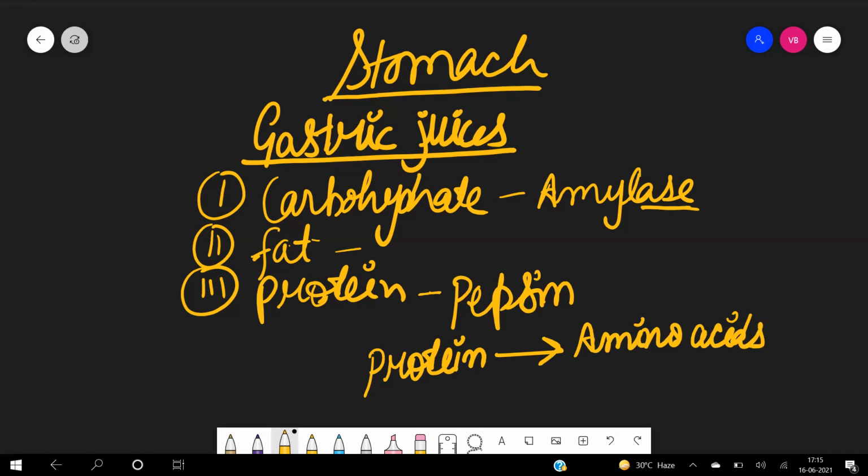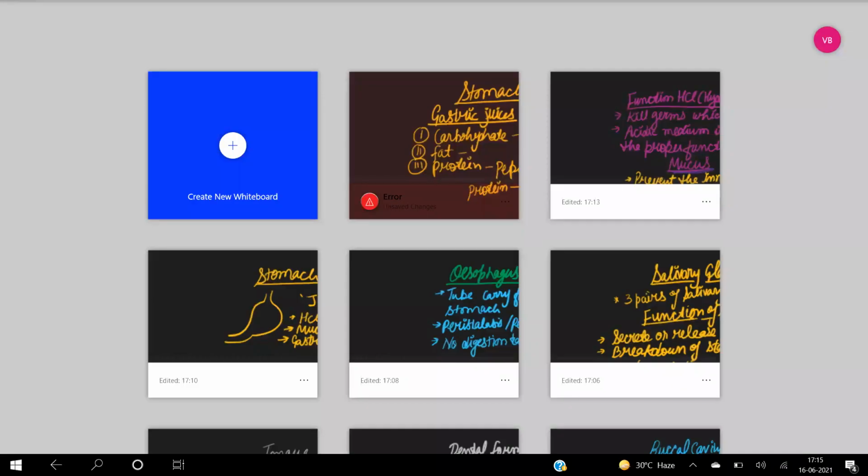Okay, now let us go to the next organ, that is small intestine. The food after digestion, it is not complete digestion, it is half digested food, that will go to the next organ known as small intestine.